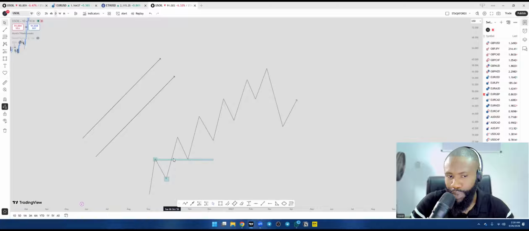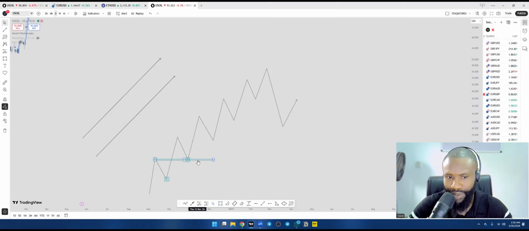So if we are pushing to the upside, we are expecting to break the previous highs, and once that happens, we are expecting price to pull back into that region of the previous highs. Meaning we are retesting that previous high, that previous resistance that now turns into support. So you look for an opportunity to join the trend from this level. Currently, this level that I marked out is the support level.